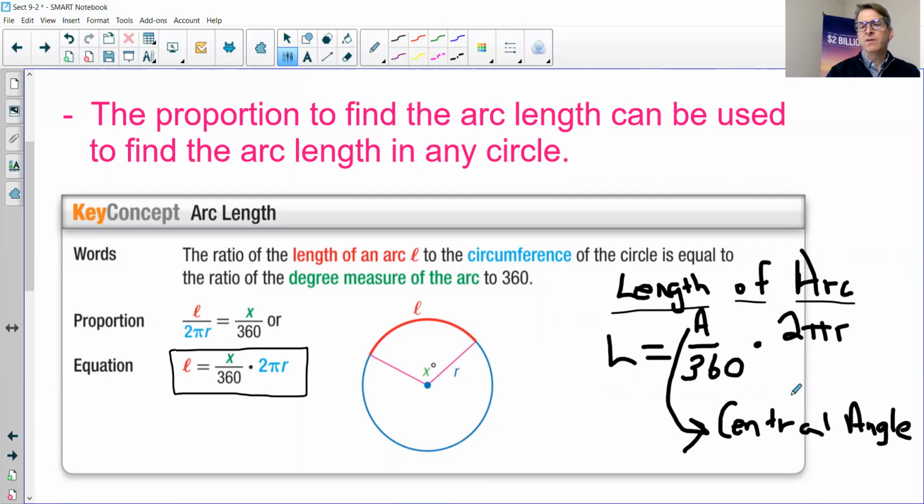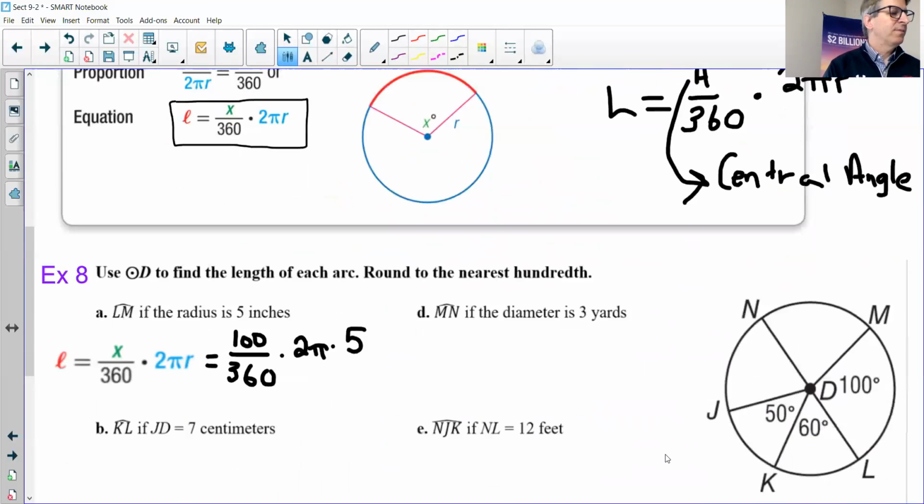Now, A is considered the central angle. We're going to do 3 problems to finish the video today, on example 8: A, B, and C. We are not going to be doing D, E, and F.